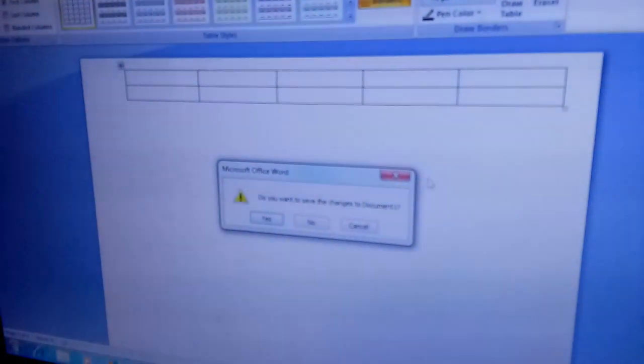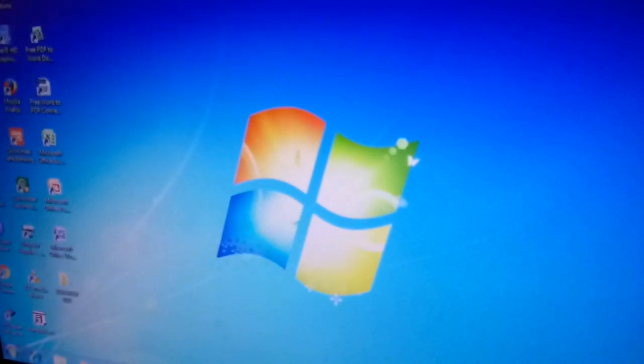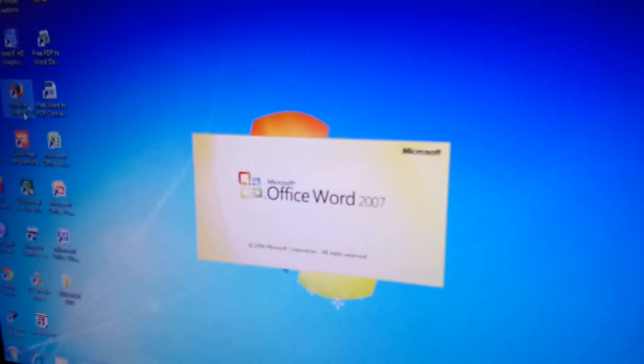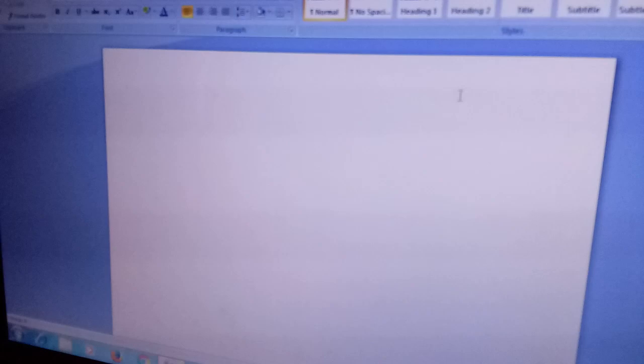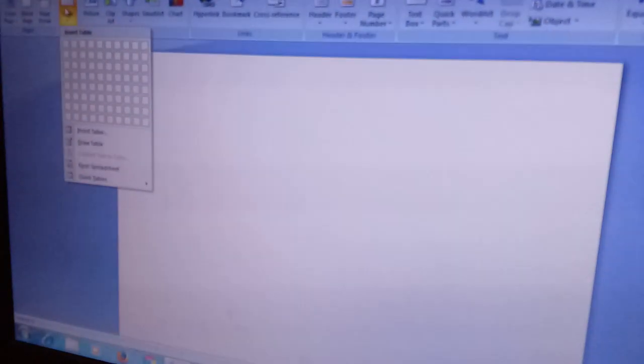Just a minute. Where's the table? Table, insert, table. Just make a box on the page.